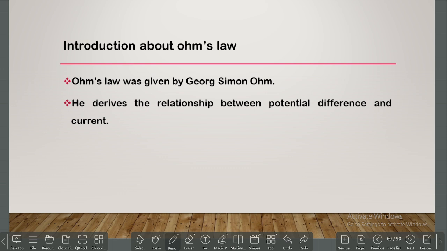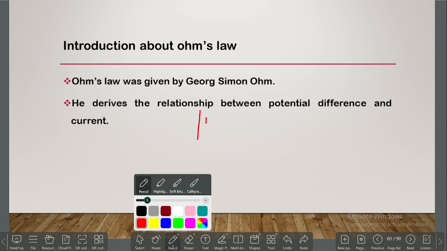And what he derived is the relationship between 2 quantities. What are the 2 quantities he derived? One is the electric potential and the other is the current. So what he did over here, he did an experiment. Let's see the experiment which was done by George Simon Ohm.